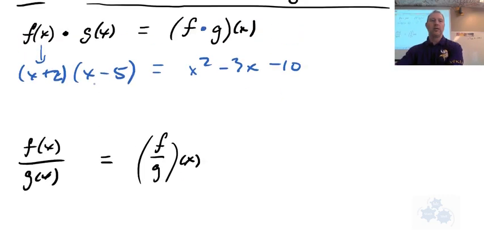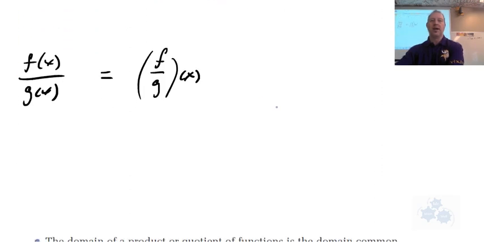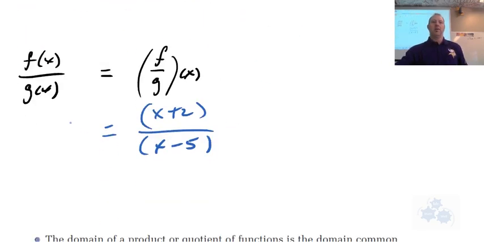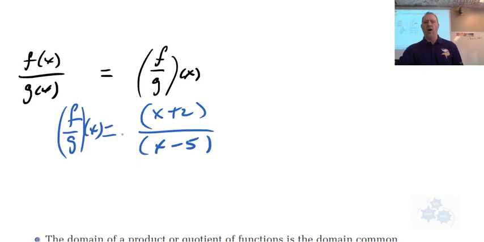For example, we can divide f of x and g of x here, and that would give us x plus 2 divided by x minus 5. That would be f over g of x. We won't use this notation a lot, but you'll see it in the textbook, and I'll use it once in a while. So again, just a rational function, but we understand that it's comprised of two polynomial functions.